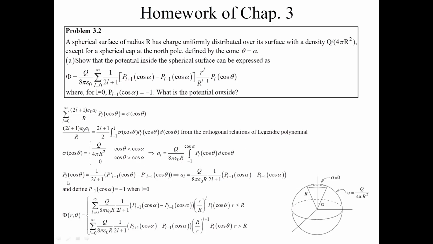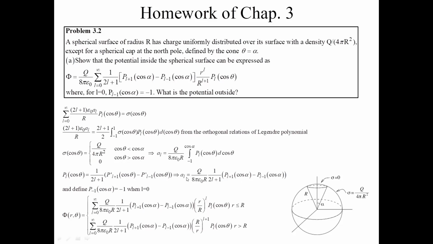Then in this term we use the addition theorem of the polynomial. It gives: P_L of cosine theta is equal to 1 over 2L plus 1 times P'_{L+1}(cosine theta) minus P'_{L-1}(cosine theta). We use this relation back in our integration, and then we can easily get A_L equal to this term.